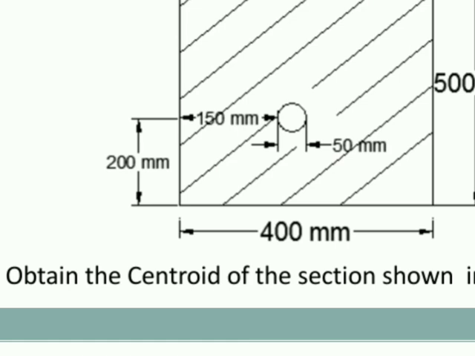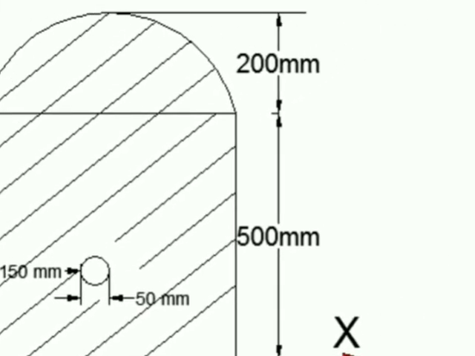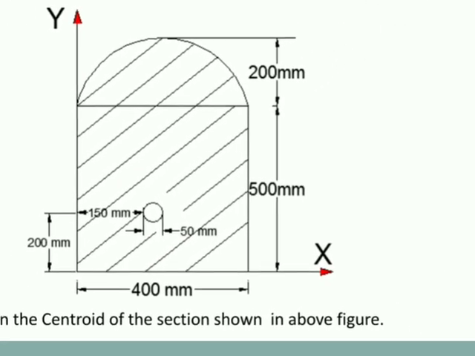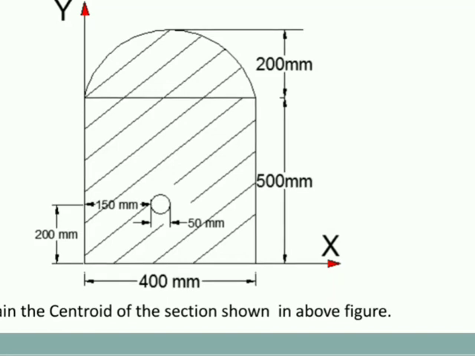But here we get 200 after covering the circle. So remember, this circle is not exactly symmetrical with respect to the vertical centroidal axis, but our semicircle and rectangle will be symmetrical. So x1 and x2 directly will be 200. Need not break your head for x1 and x2. Only what we'll have to find is x3, and then we have to find y1, y2 and y3.